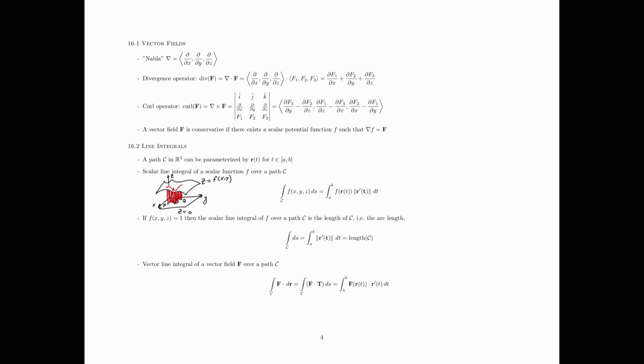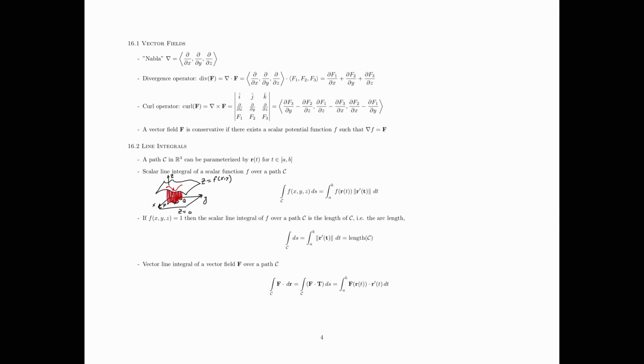So what we want to think about here is this ds is the magnitude of the derivative. So you start with a path C, you go ahead and you come up with a parameterization for it. Once you know your parameterization, you then find your derivative and take the magnitude of it. That goes there. You replace x, y, and z with whatever your parameterization says the x, y, and z components are.